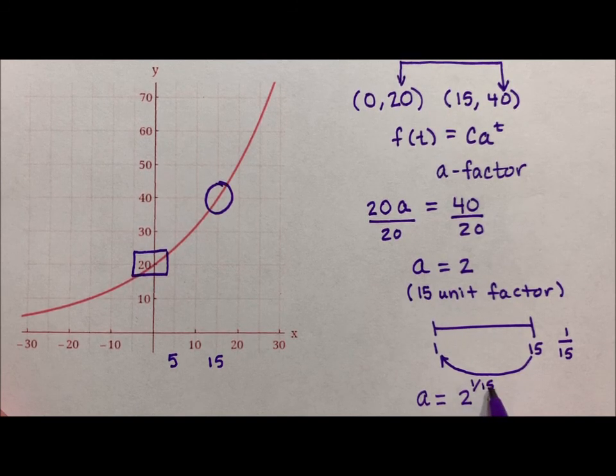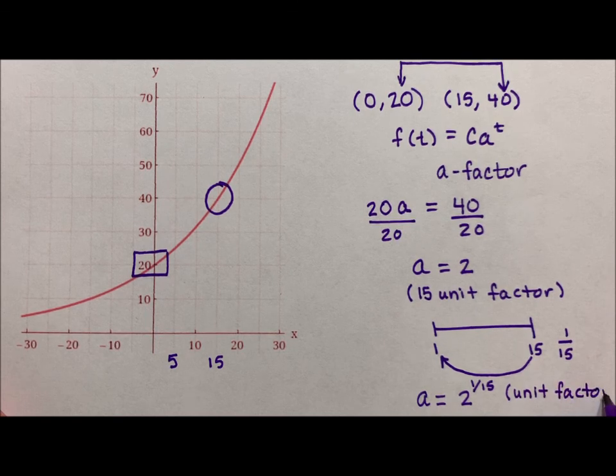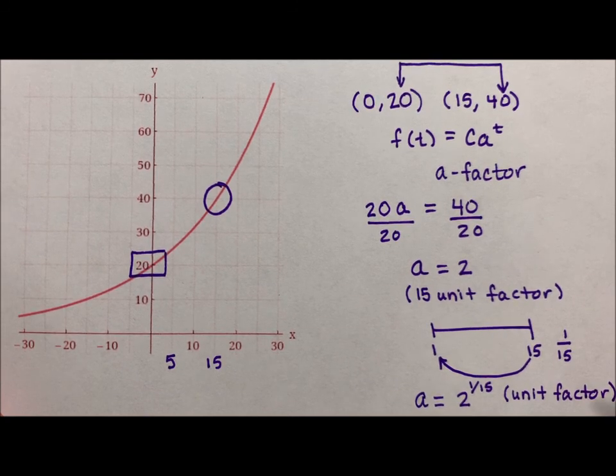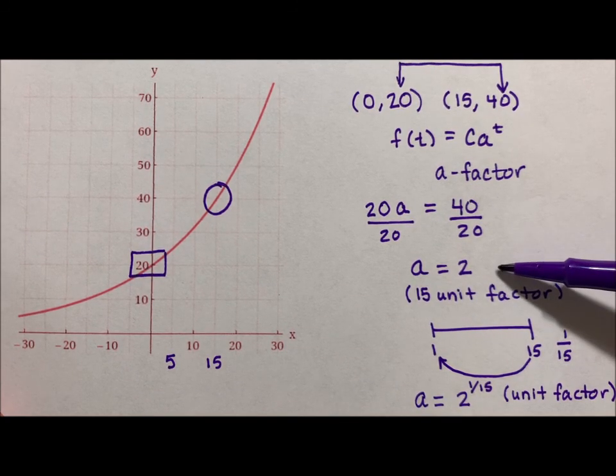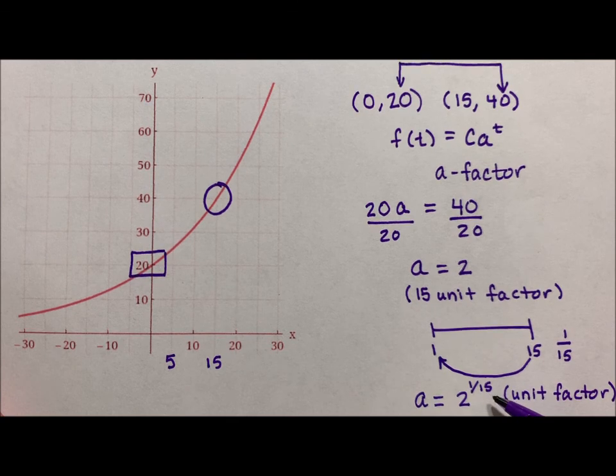If I change this in the exponent position, this now becomes a unit factor, and I'm good to go. So 2 is a 15 unit factor, and 2 to the 1/15th now tells me how I change for each unit of x, x equaling 1, x equaling 2, x equaling 3, and so on.